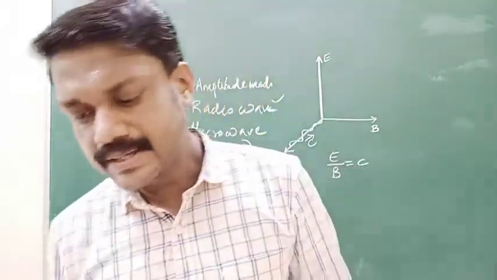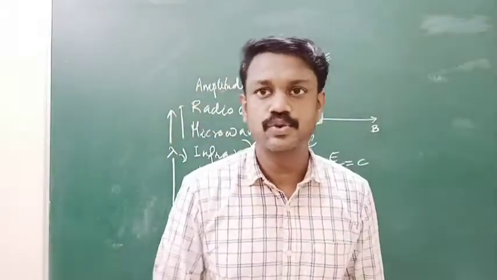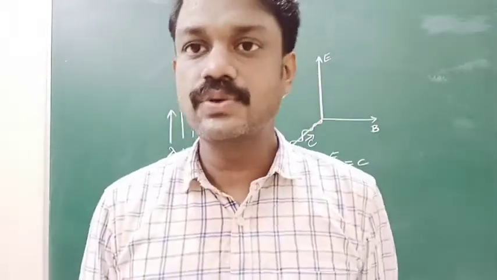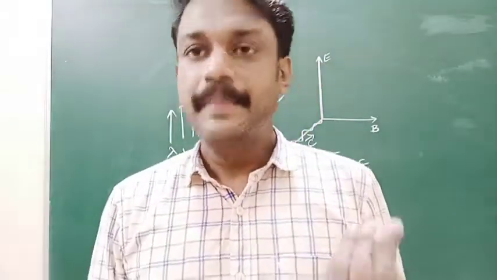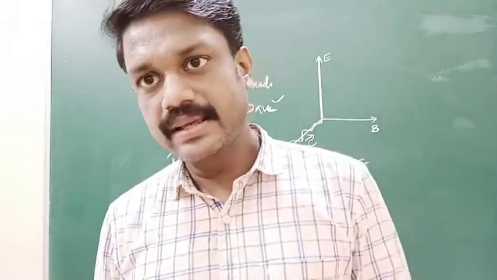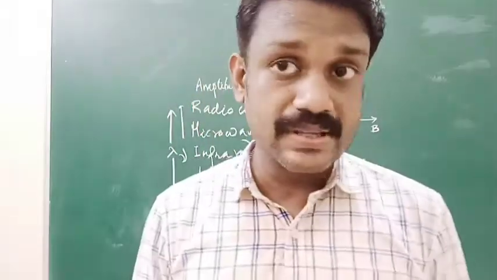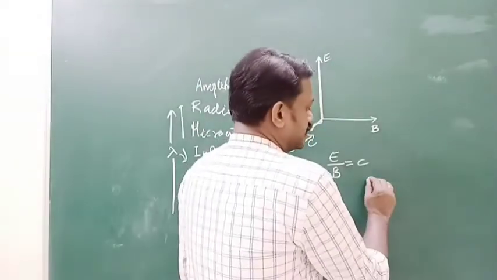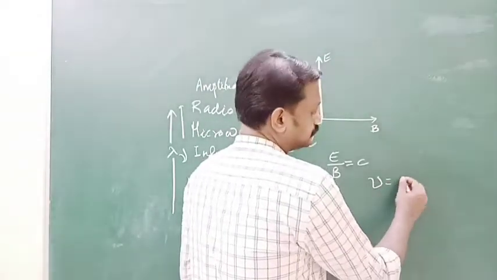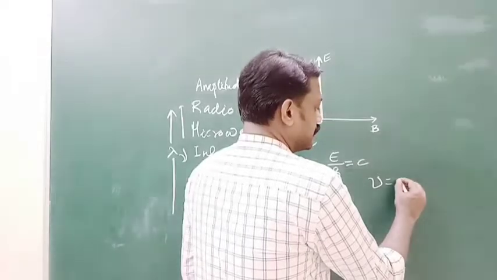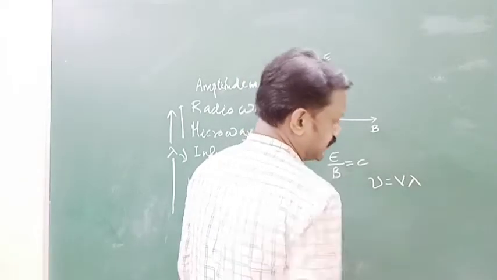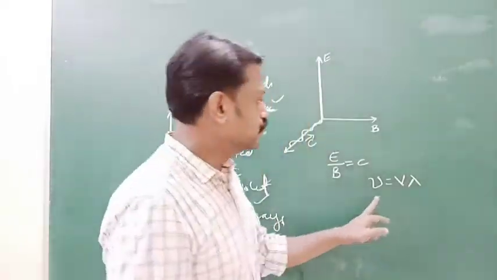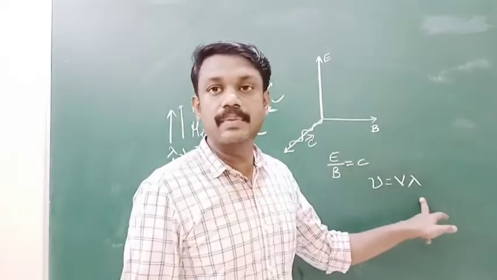So these are the members of the electromagnetic spectrum, and you should be aware of their uses, production, and wavelength range. If you know the wavelength range or frequency range, you can easily calculate the other, because ν = v/λ, where ν is the frequency, v is the velocity, and λ is the wavelength.